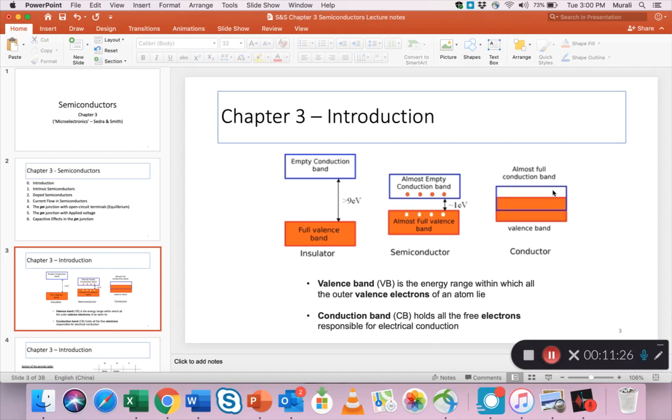So semiconductors lie in the middle. They are not completely insulators, they are not completely conductors. They always have a lot of electrons in the valence band, and it's possible to push those electrons into the conduction band somewhat easily. It doesn't happen too much, but there are ways to make it happen so that at least the possibility exists for current to start to flow in a semiconductor material also.